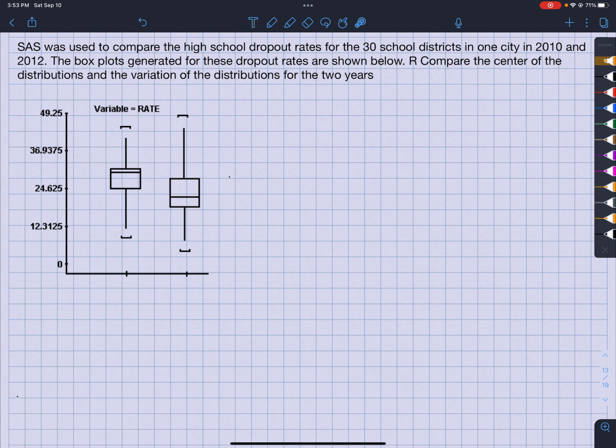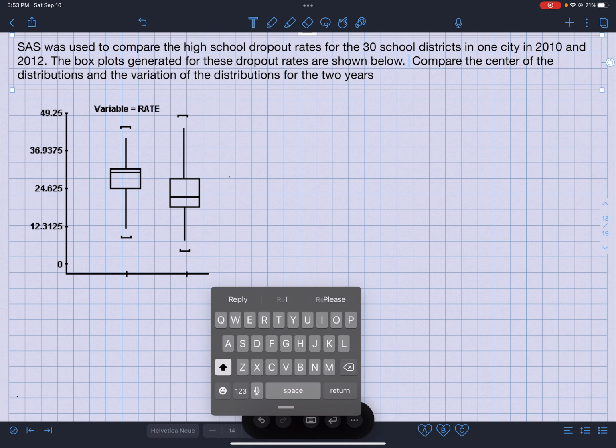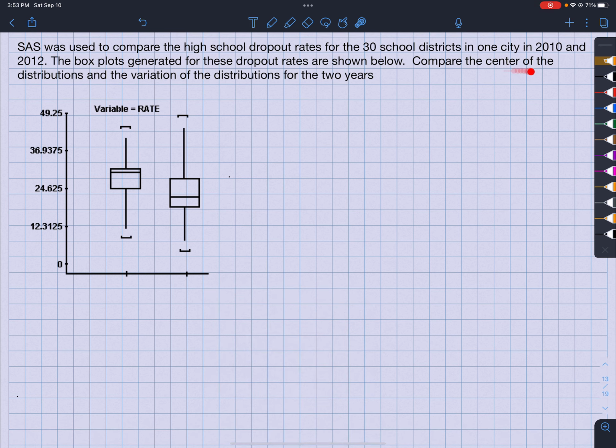So the R shouldn't be there. It just says compare. That's why something was wrong there. Sorry about that. Compare the center of the distribution and the variation of the distribution for the 2 years.